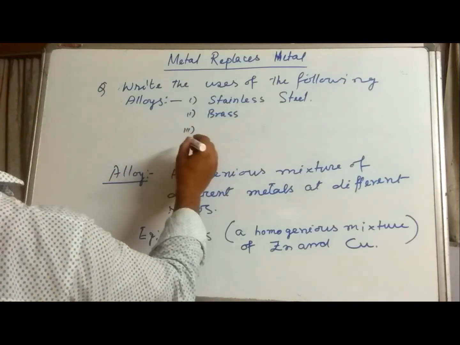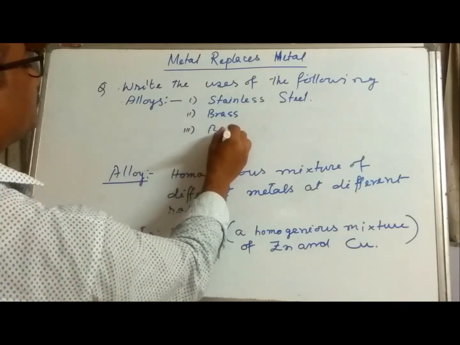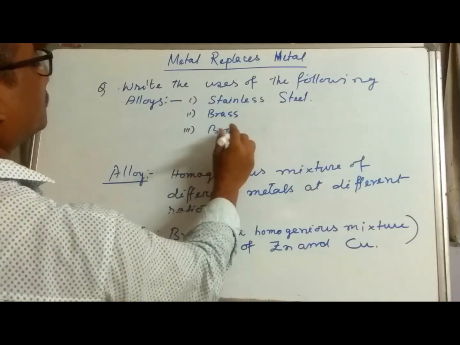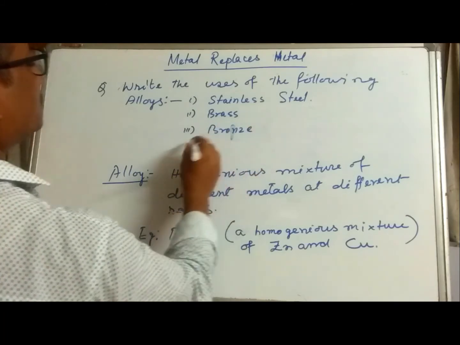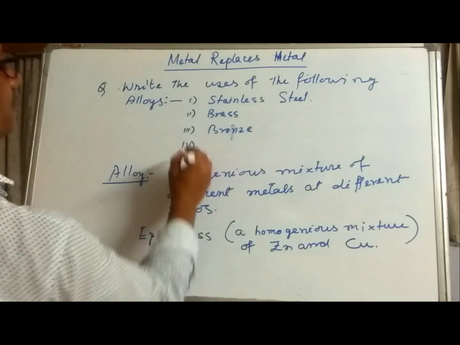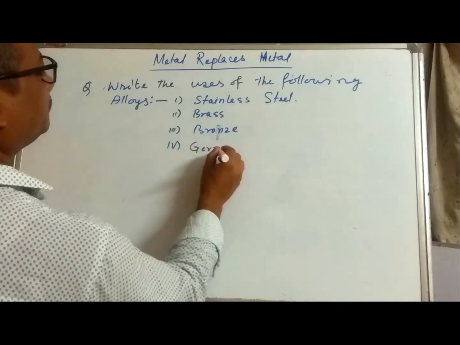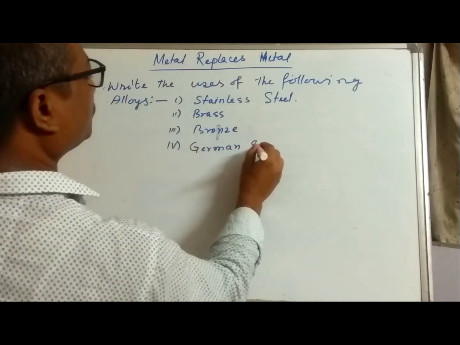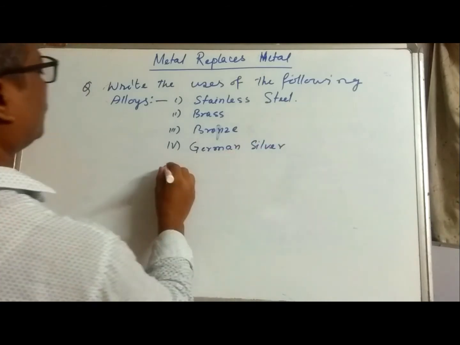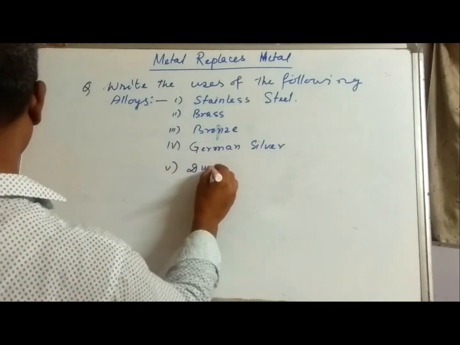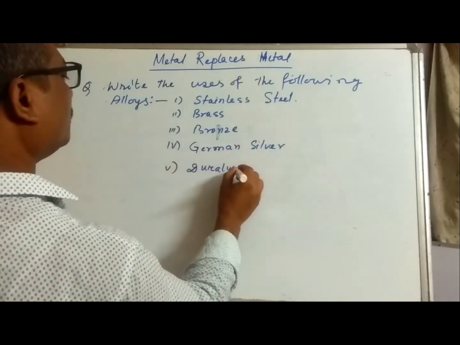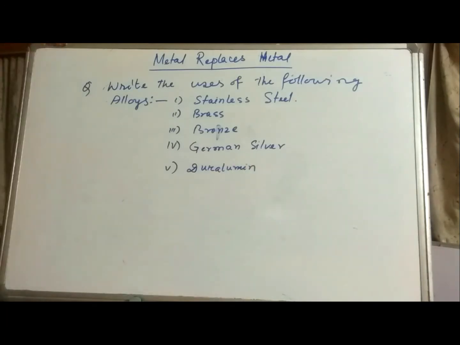Number 3, bronze. Number 4, German silver. Number 5, duralumin. These are the alloys I have given. Write the uses and composition of these alloys.